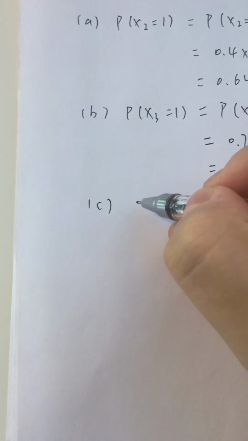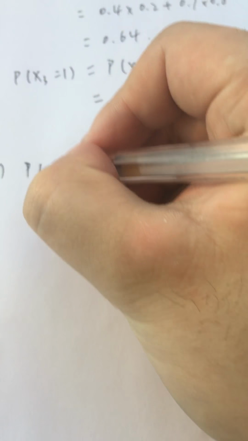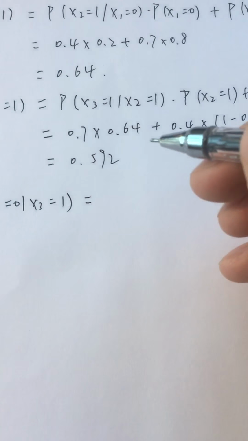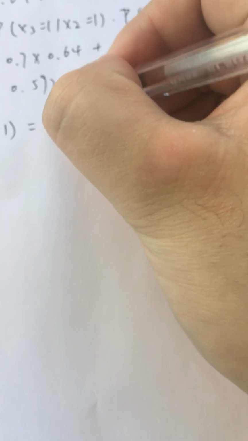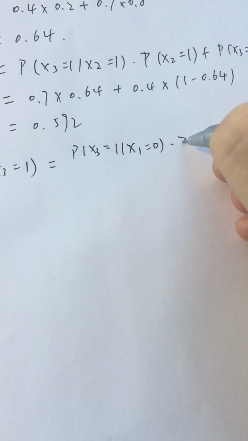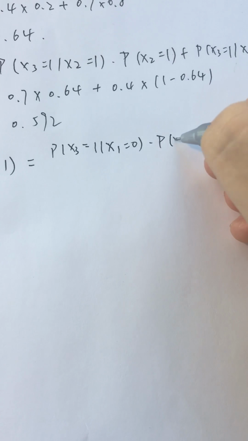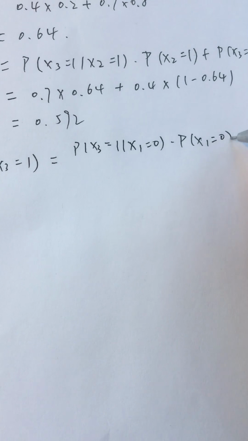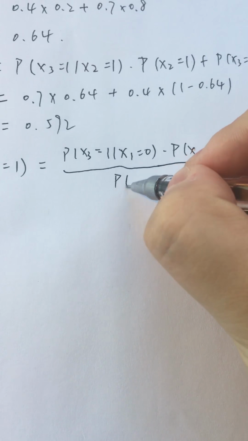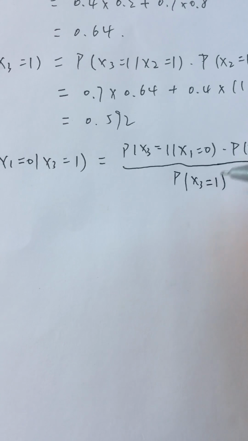And then the third question is to find the probability of x1 is 0 given x3 is 1. So this probability equals the probability of x3 is 1 given x1 is 0 times the probability of x1 is 0, divided by the probability of x3 equals 1.